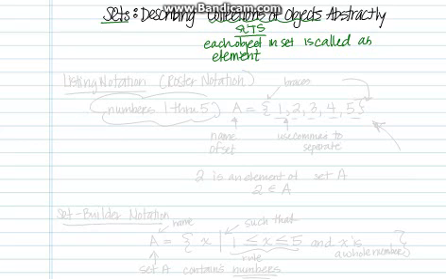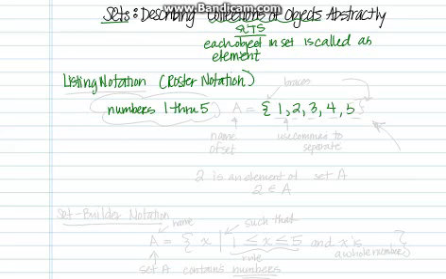In order to describe these sets, we have a few different ways to represent them. One way is through listing notation, sometimes even called roster notation. For example, if I want to talk about the numbers 1 through 5, I could list them in set notation: 1, 2, 3, 4, 5.